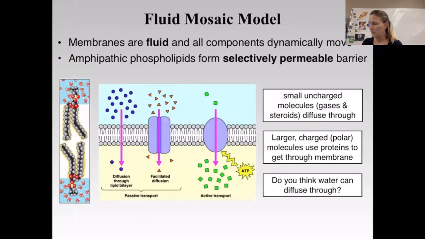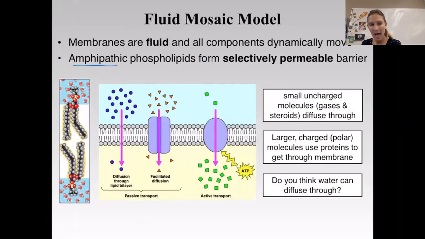All right, so the fluid mosaic model. Membranes, again, are fluid, and all of their components are dynamically in motion all of the time. If they solidify, that cell can no longer live, because membrane fluidity is really important for transport, for communication, for a lot of things, right?